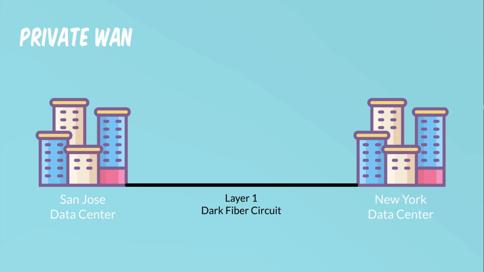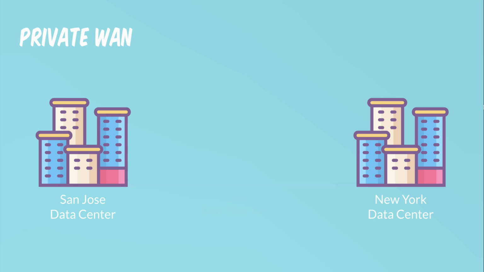Nobody else is using that circuit. That is very cool, but at the same time, it's the most expensive type of circuit you can have because a service provider has to give you a dedicated infrastructure that is not shared with anybody else. So you pay premium top dollar for that.